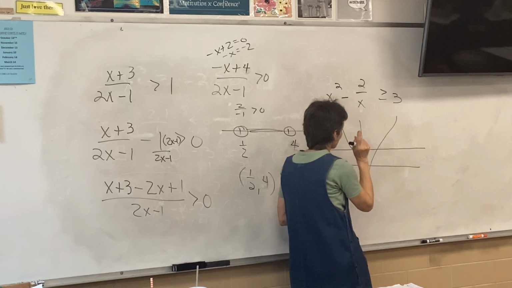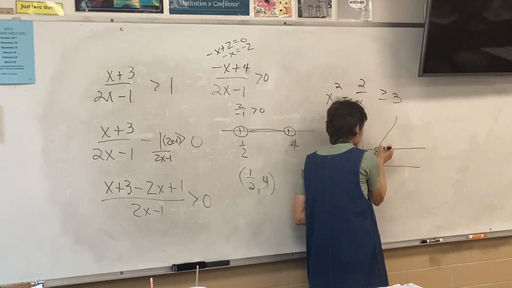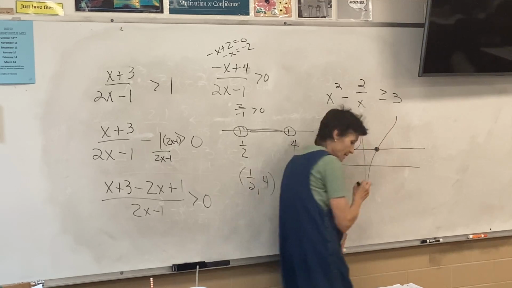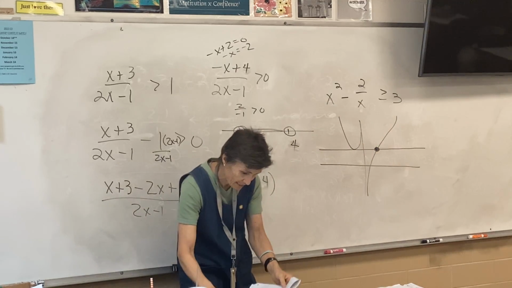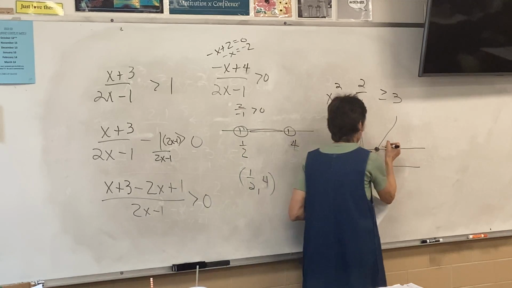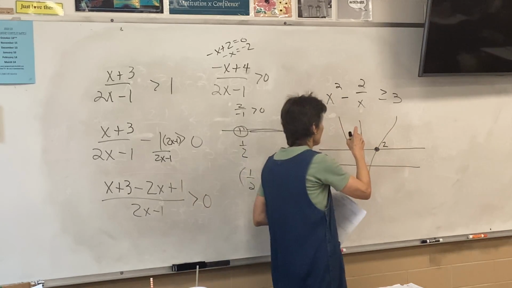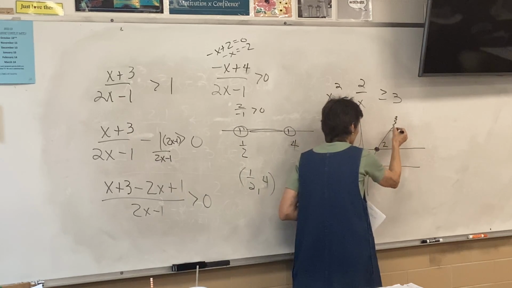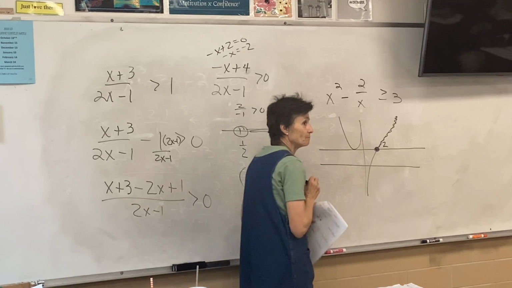Now, finding this is going to be easy. So I'm gonna go ahead and find that one, and in fact, I probably already did. Is that 2? Yep. So I wanna be above 3, so this would be part of my answer. Would you agree with that?